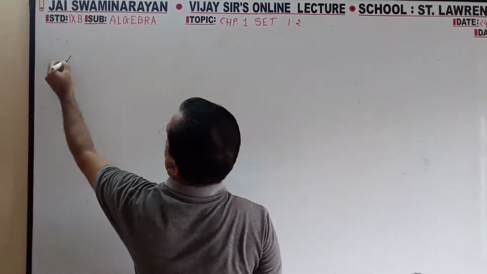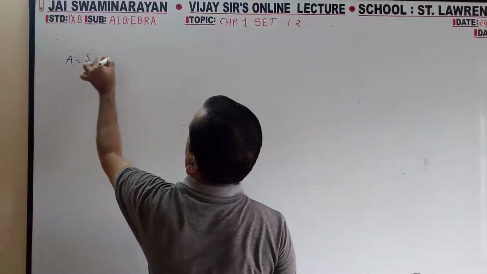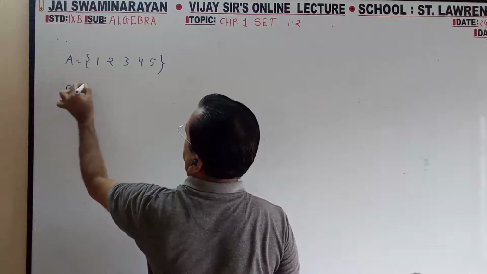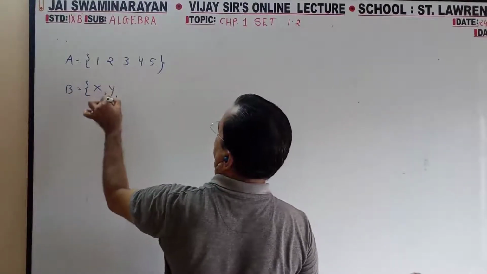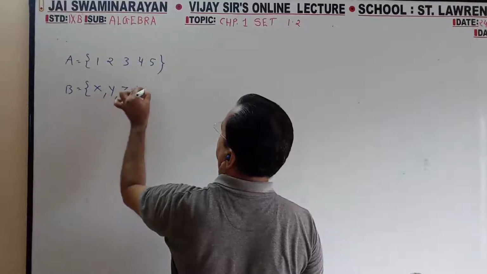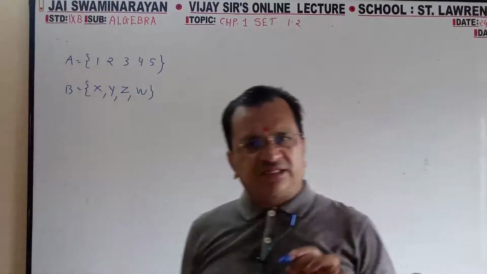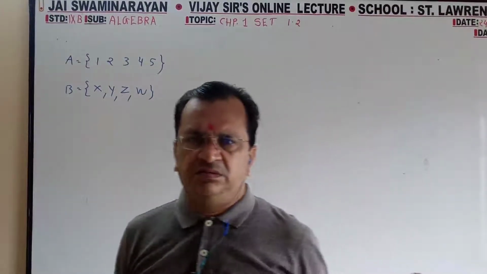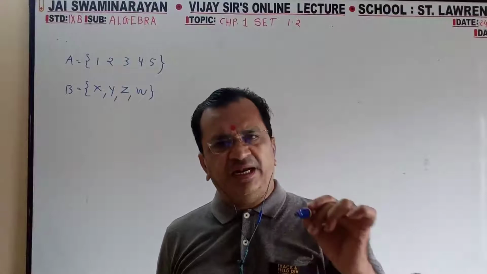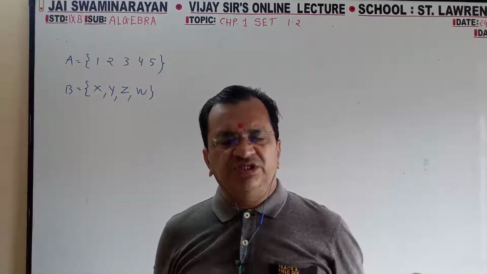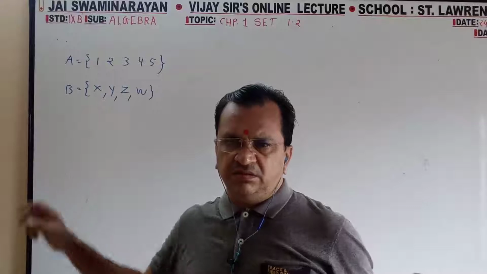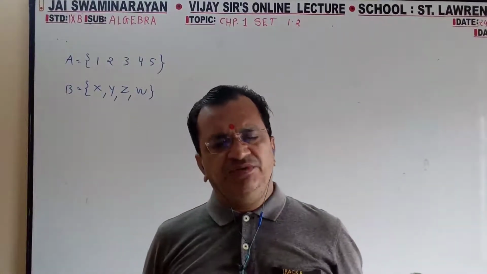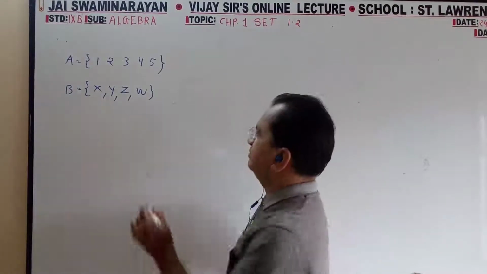Suppose A is 1, 2, 3, 4, 5 and B is X, Y, Z, W. Both are sets and both contain some elements. Now these are in list form. Now we want to convert this into a Venn diagram.